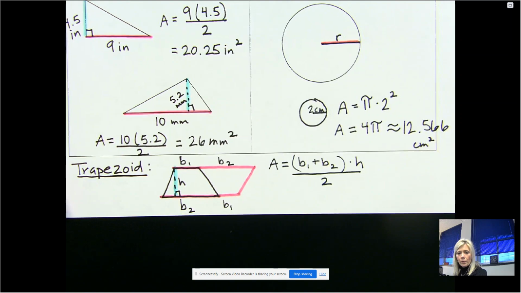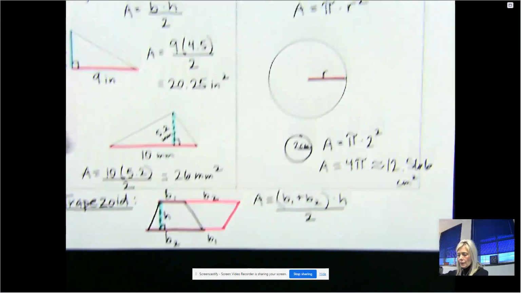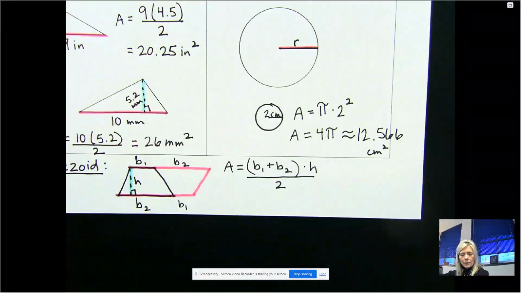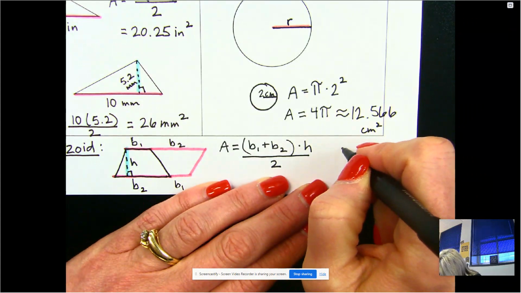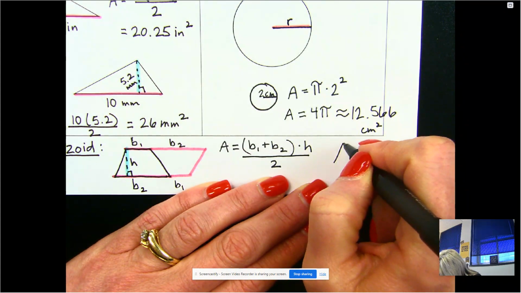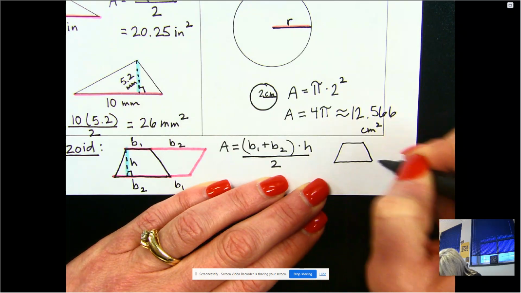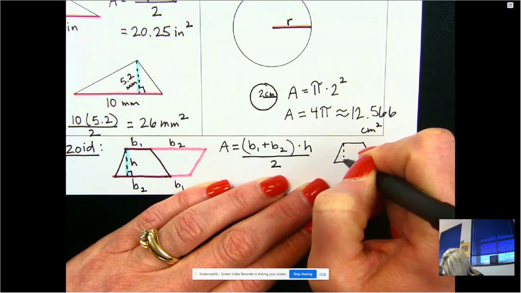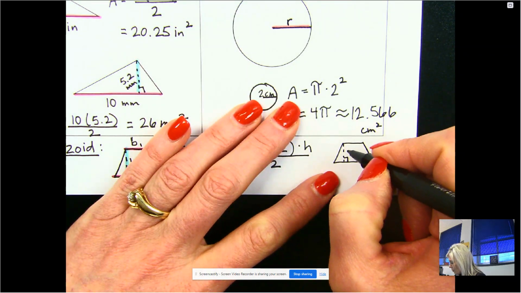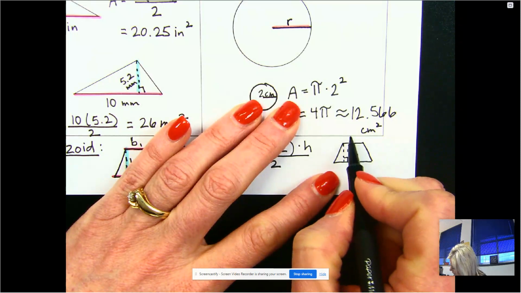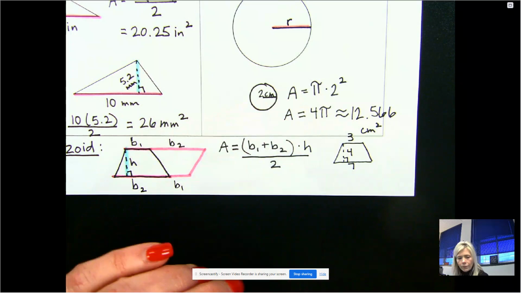All right, so I probably have just barely enough room on here to get an example in. Squeeze it in right here. So here's my example where I'm going to have bases and height. I'm going to assign the height a value of 4. Base 1 is 3. Base 2 is, let's say, 7.